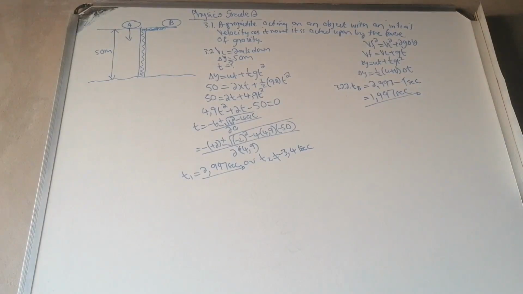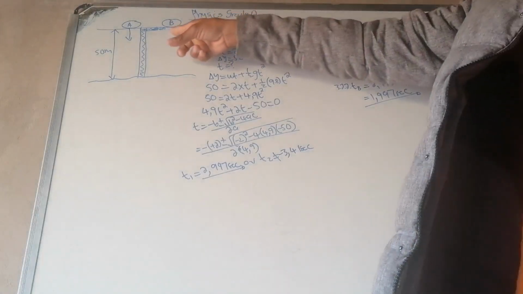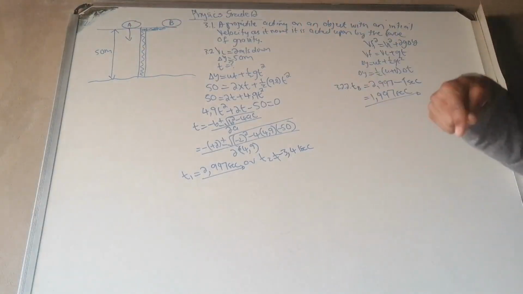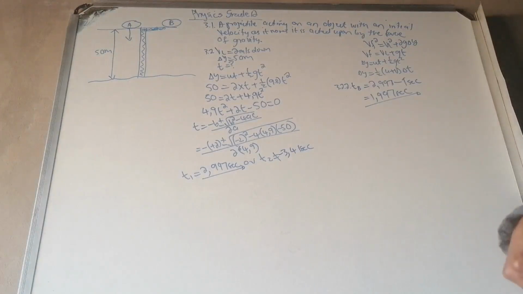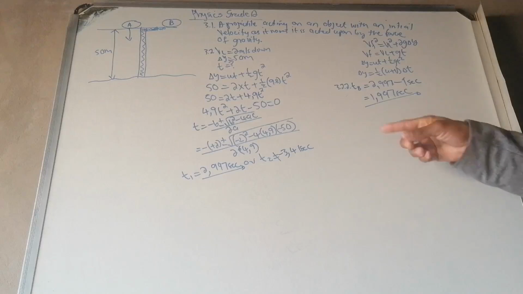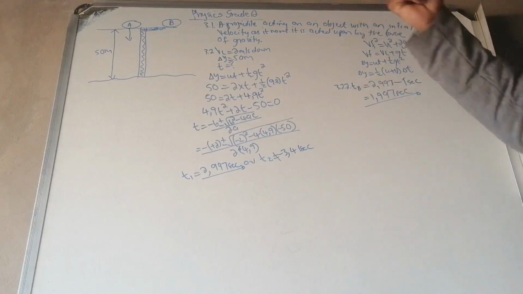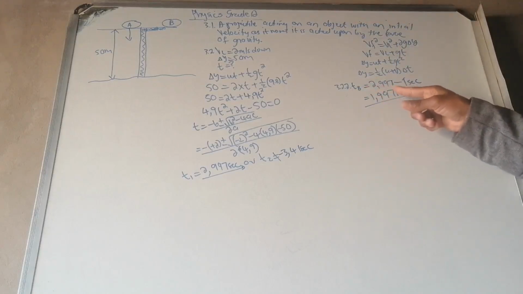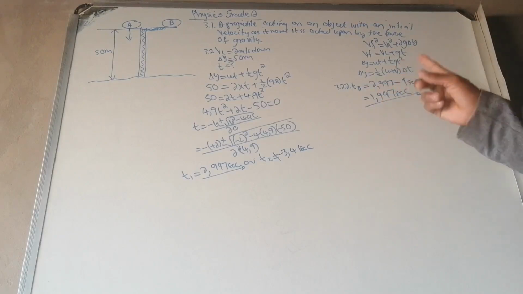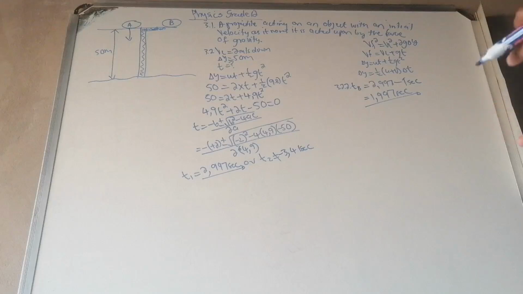Why is that becoming the correct answer for us? Because this one was released 1 second after that one was released, even though they hit the water at the same time. But I know that the time it takes for stone B to hit the water is 1.997. I have to minus that 1 sec, because it was released 1 second after stone A was released, but they hit the water at the same time.